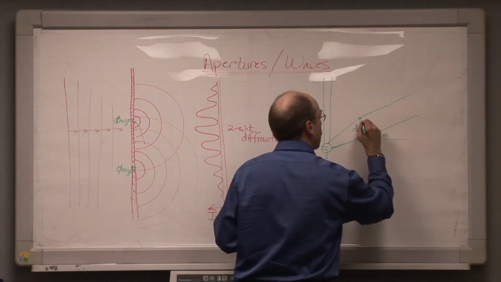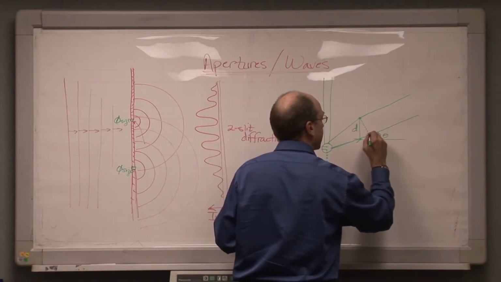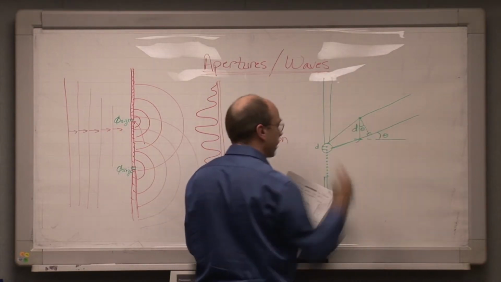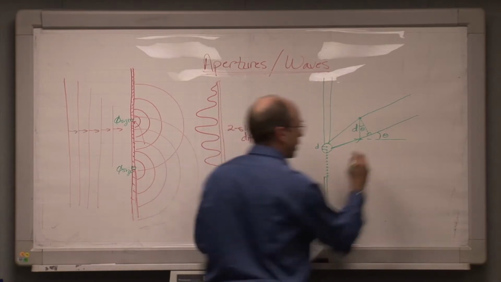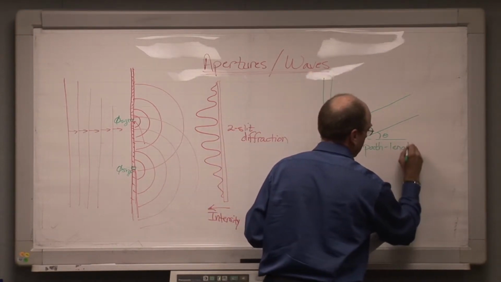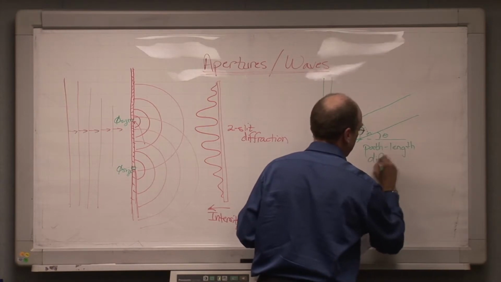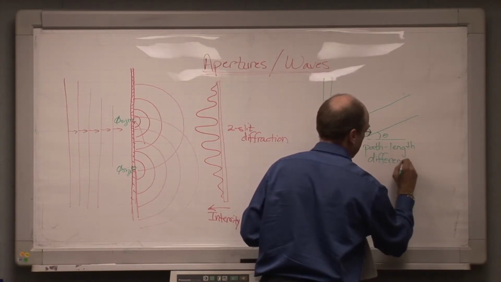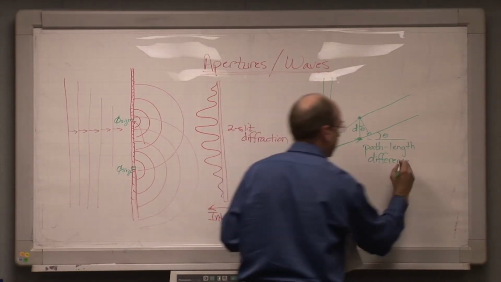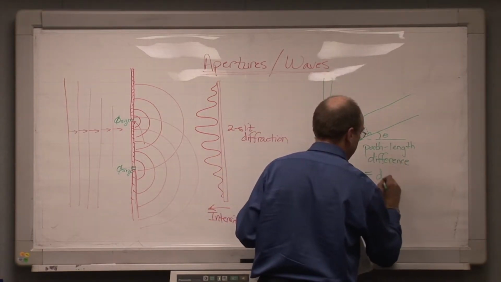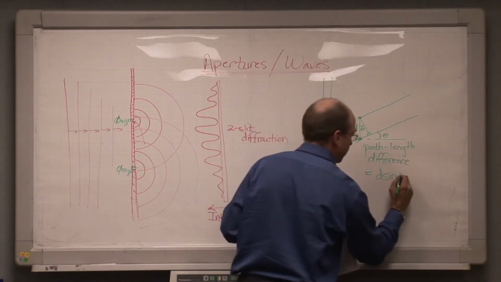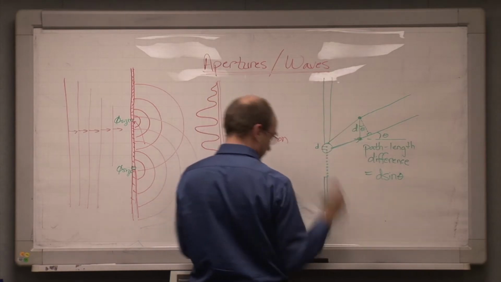And we'll draw a normal down like this. So we get the same angle theta here as we get here. And we know that we get a path length difference between this point and this point, between two successive points, which is equal to d, this spacing that we can make arbitrarily small, times the sine of theta.